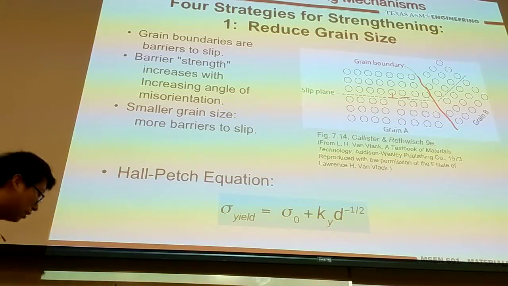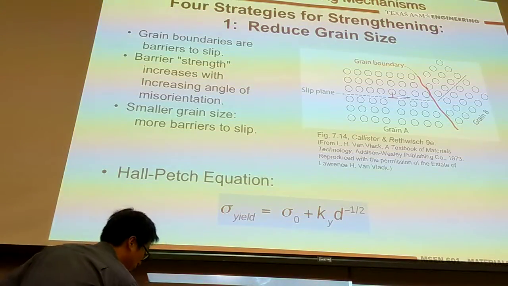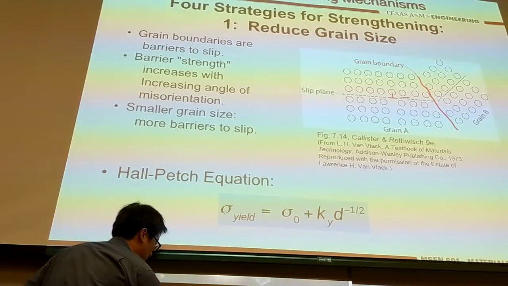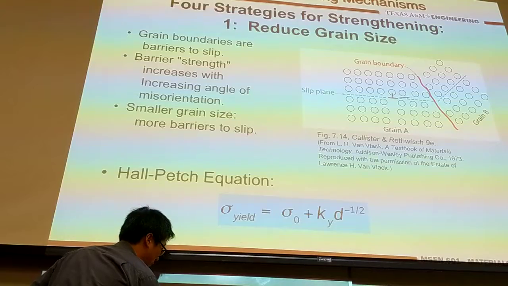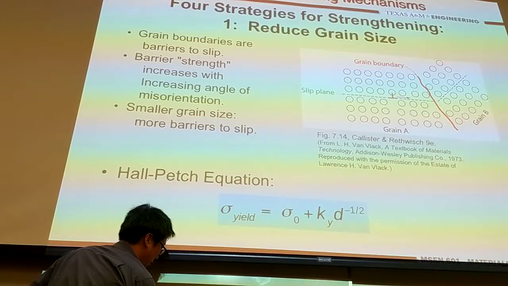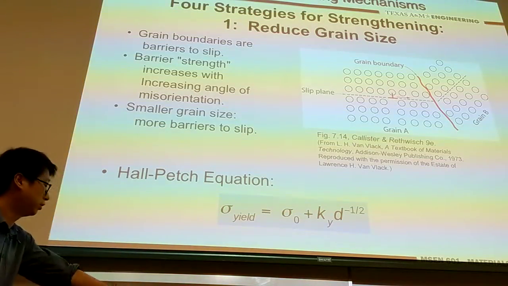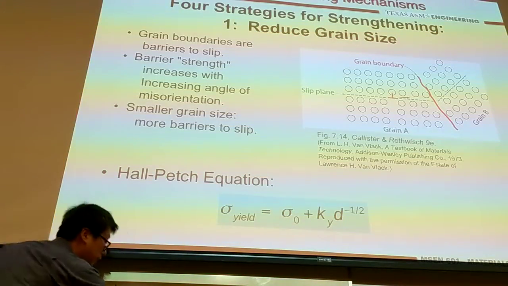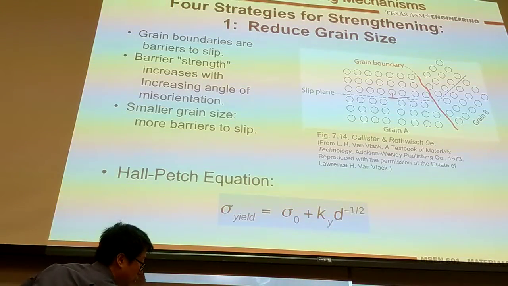Okay, now you think about, instead of a single crystal, you try to break them, make them into different pieces, with different orientations. Then you generate a lot of grain boundaries. Instead of a perfect single crystal, the size is the same, but the diameter is reduced.